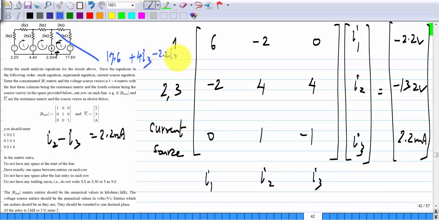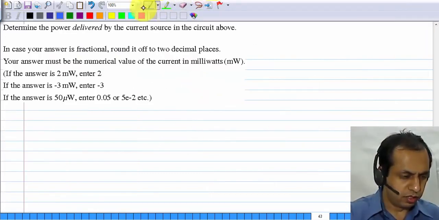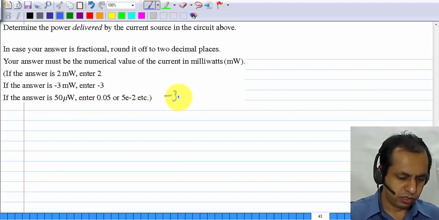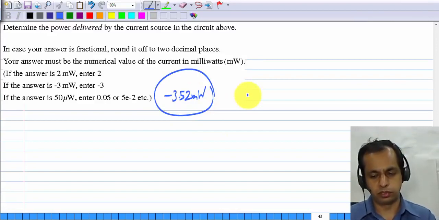So minus 2.2 I2, that will be the voltage in this direction. Okay, and negative of that will be the voltage in the other direction, and that times 2.2 will give you the power. And if you calculate that, you will find that the answer is minus 3.52 milliwatts. That is, it is actually not delivering power, but it is dissipating 3.52 milliwatts.